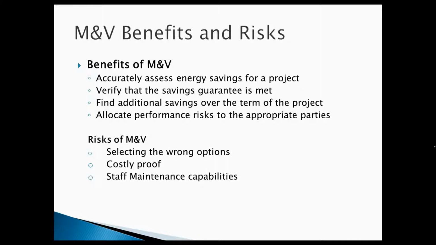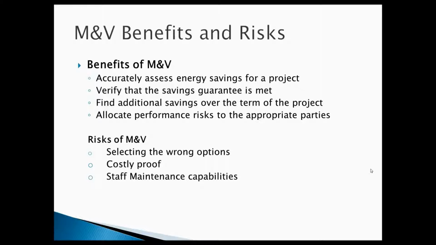But there also are risks on your side because that contract is going to state that the customer needs to do these things to keep the guarantee, and the ESCO needs to do another list of things to keep the guarantee.